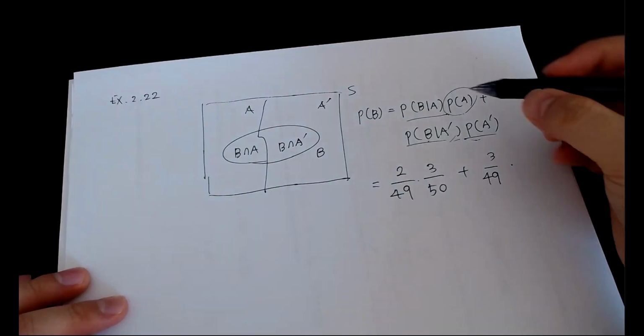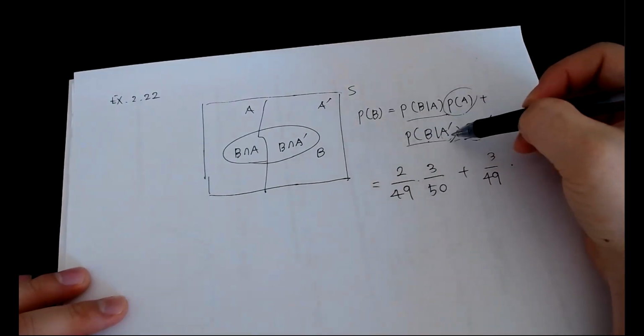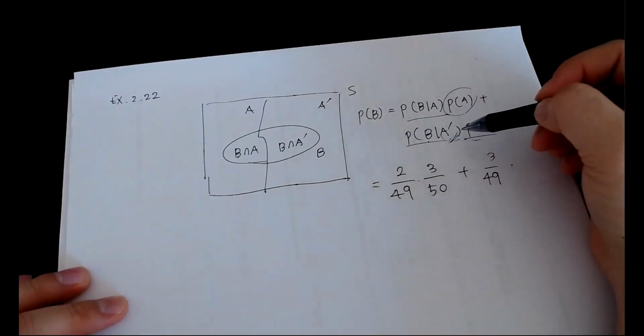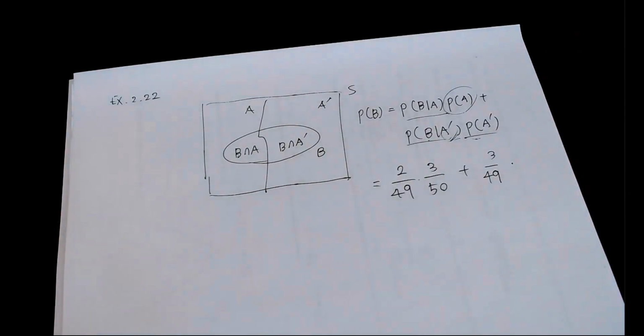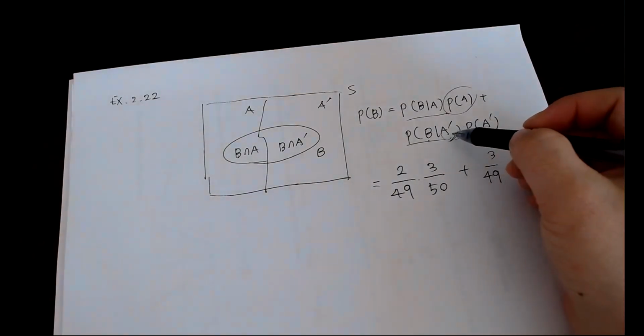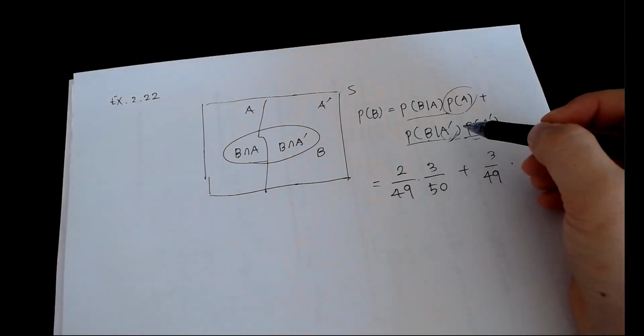What does that mean? Think about this. A prime occurred means that when we chose the first part, that part was non-defective. We chose one part in the first try, so the total number of outcomes is reduced to 49. But that part was non-defective, so the total number of defective parts still remains 3. So the probability that we choose a defective part in the second try is 3 over 49. And P of A prime is 47 over 50, because it is the probability that we choose a non-defective part in the first try.